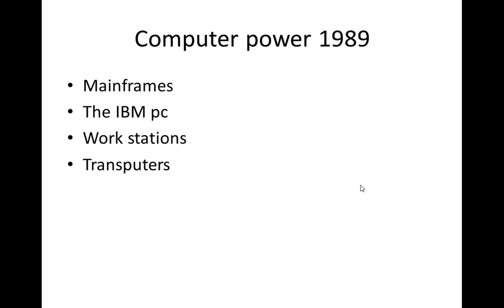Anyway, the computer power in 1989: there were mainframe computers, which were not really suitable to program a robot. The IBM PC was a few years old. There were workstations, and then there were things called transputers, which was a British invention, and the EU was very concerned about them being more broadly applied.